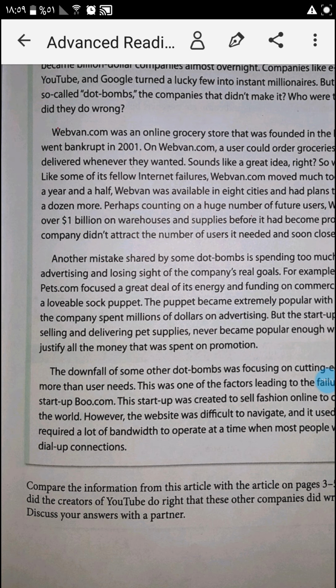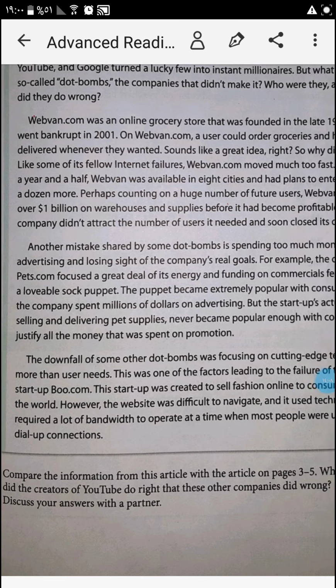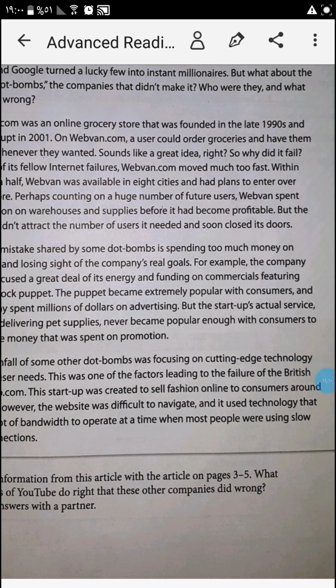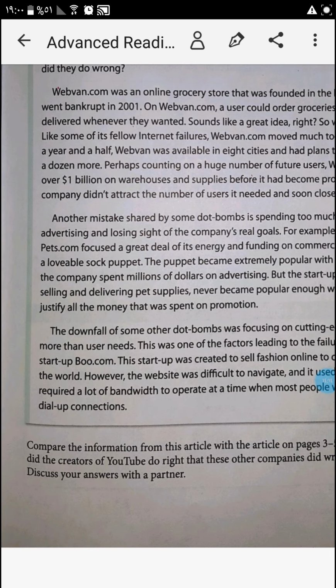So this is the reason: they spent millions on advertising, but they didn't satisfy their customers' needs, so they failed also. This is the third idea of the writer: the downfall of some other dot-coms was focusing on cutting-edge technology more than user needs.